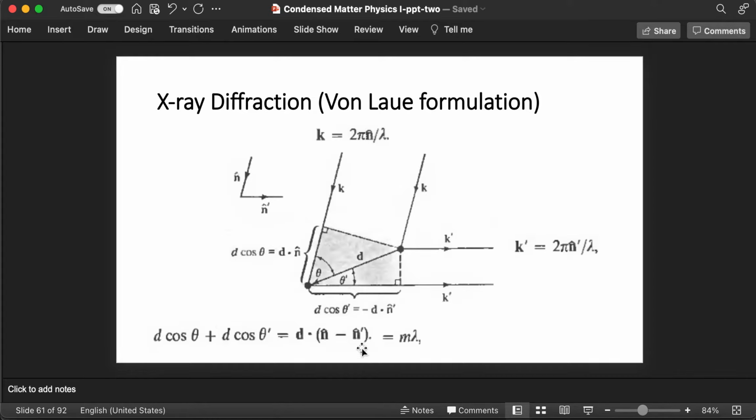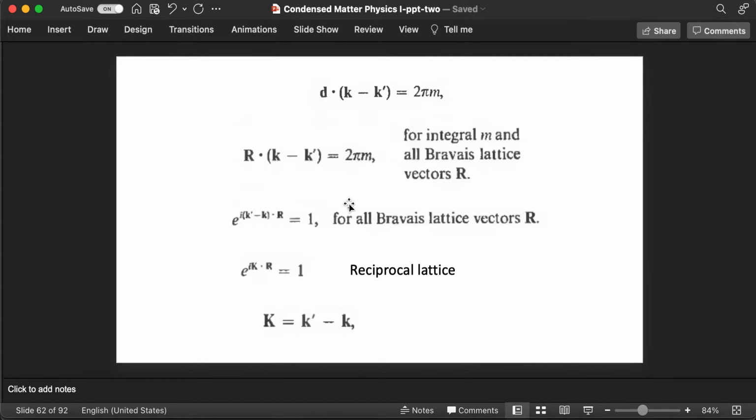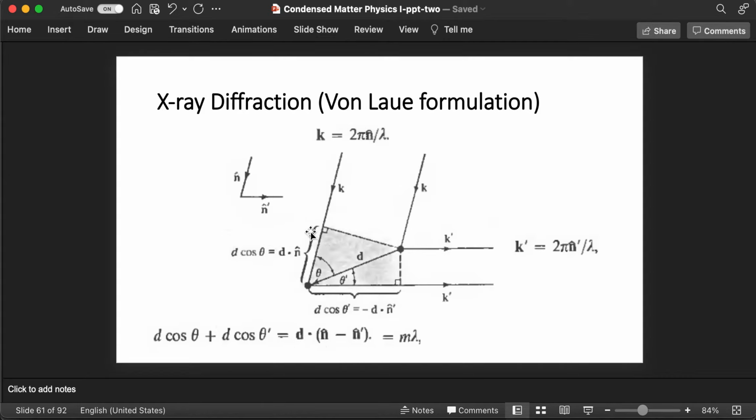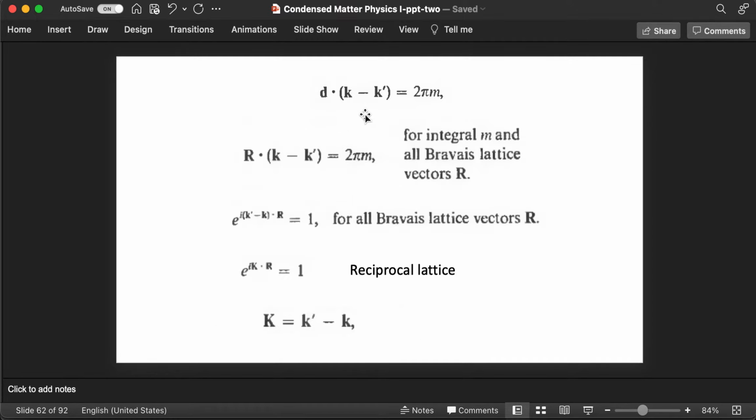And again here you can see from the picture that the total path difference is given by this, and that has to be an integral multiple of lambda for constructive interference. So I can now rewrite that. This was written in terms of the unit vectors along the incident and the scattered directions, n cap and n prime cap. I can change that quite easily to k and k prime.